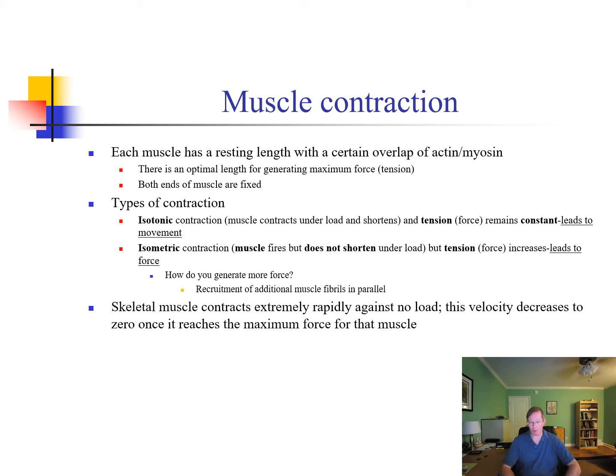On the other hand, I could try to contract and do it in an isometric fashion. In isometric fashion, tension is increasing, but I actually don't shorten the muscles. So for example, if I had an isometric contraction, I would be actually contracting the muscles, but the joint or whatever it was would not actually lead to movement because I'm simply applying a force.